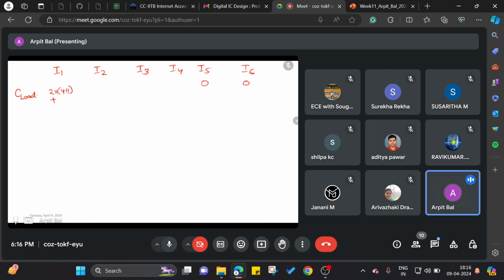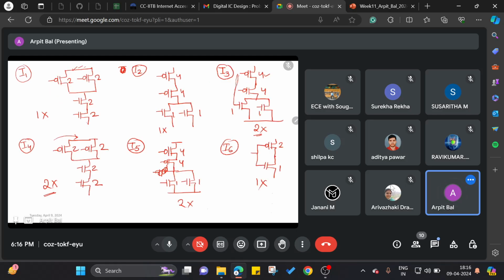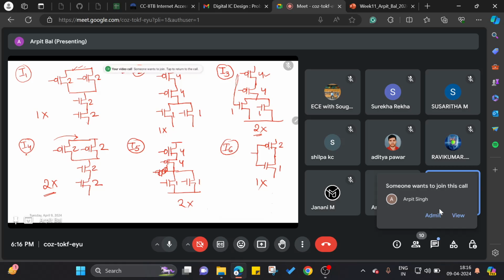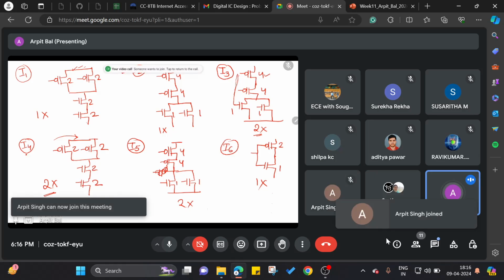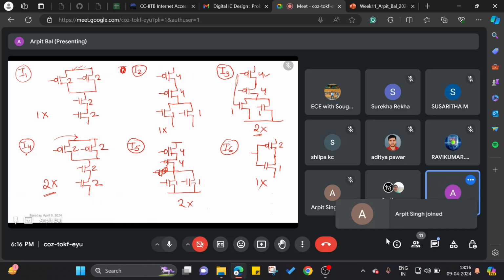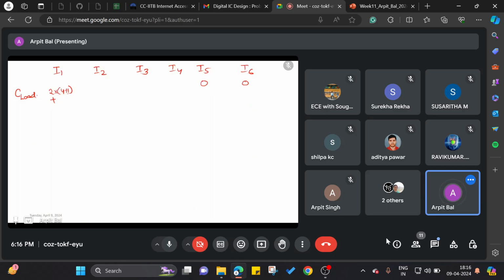Similarly, what will be the load capacitance offered to gate I1 by I4? This is our I4. Can someone tell me what will be the load capacitance offered by I4 to the gate I1? 8C. Okay, correct.